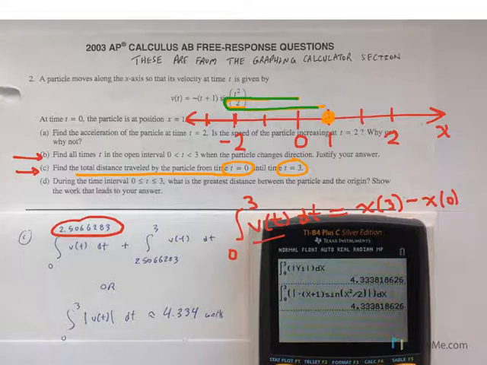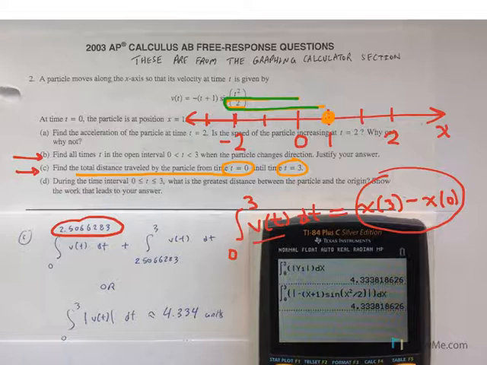Now, in a situation where you have a change of direction, as we have in this problem, this will not give you the total distance traveled. Instead, it will give you the net change in position of the particle between those two times.